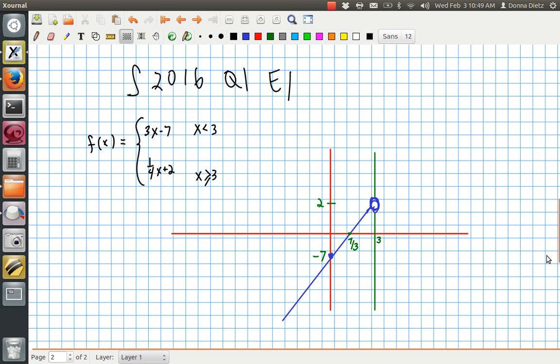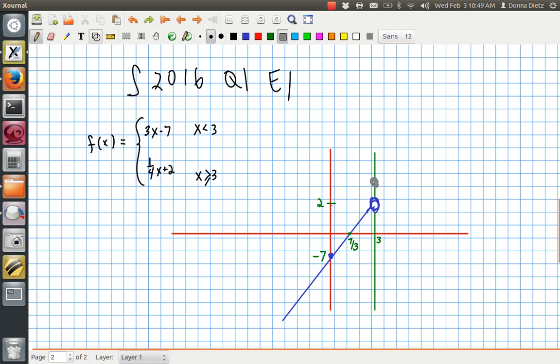So if the other line were to be plotted all the way through, let me just show you where it would go. It's a plus 2 and it's 1/4 slope, so it would look something like that. Okay, not exactly, but something like that. But we don't want to draw the whole thing, but we know for sure it's going to clear this threshold because we know that it starts over at 2 way over here, right?